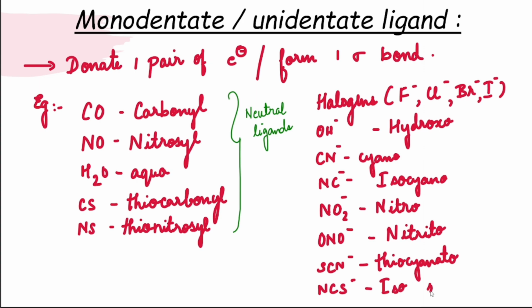So the same thing. This too comes under a special case, students, so I'll explain it later in this video. All these are anionic ligands because they carry a negative sign.